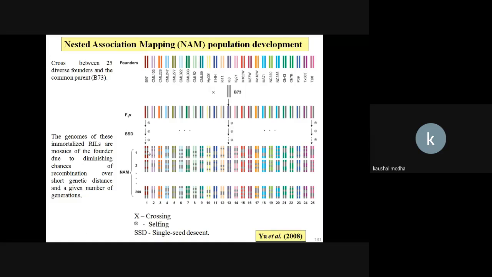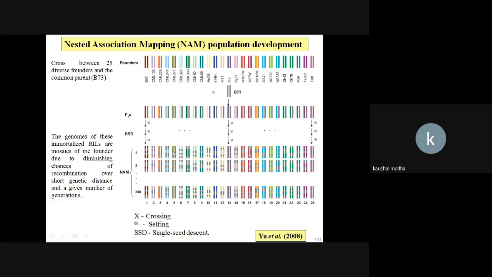And here the genomes of founder lines are sequenced using next generation sequencing methods, and the data of these founder lines are also deposited online. Data of the common parent is also deposited online, and data of these RILs are also deposited. So according to the trait you want to consider, suppose you want to perform association mapping in maize, they are ready to give these RILs.